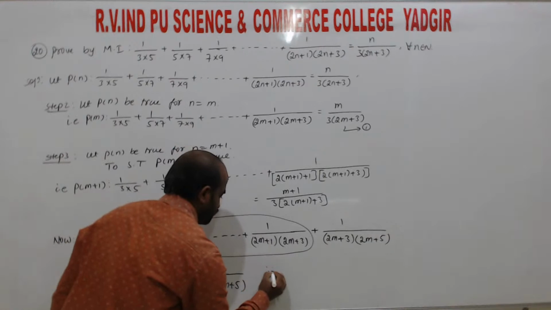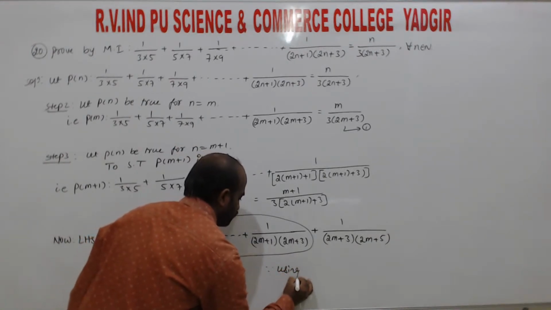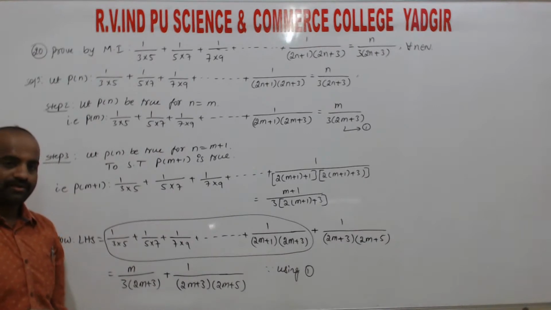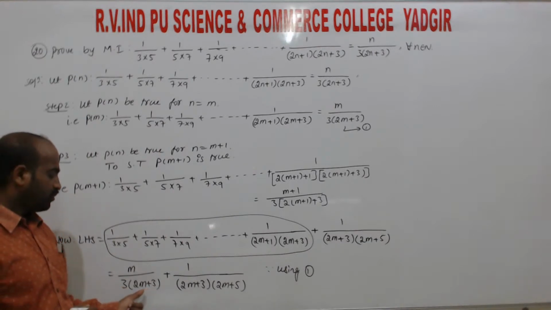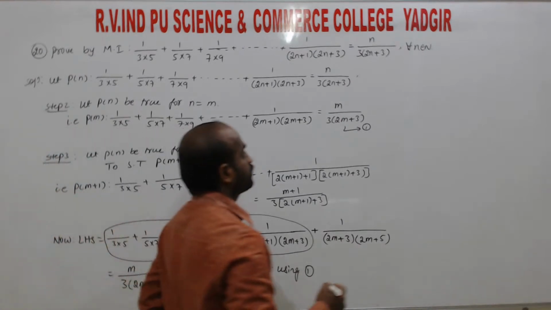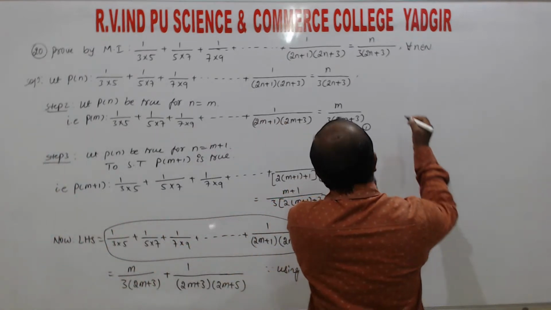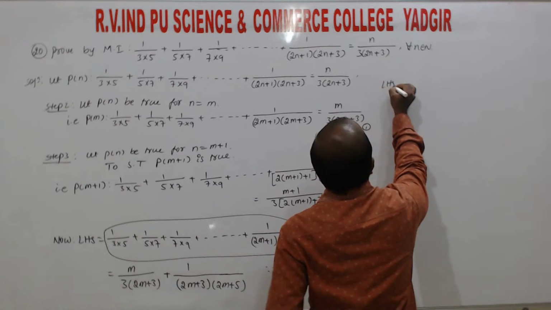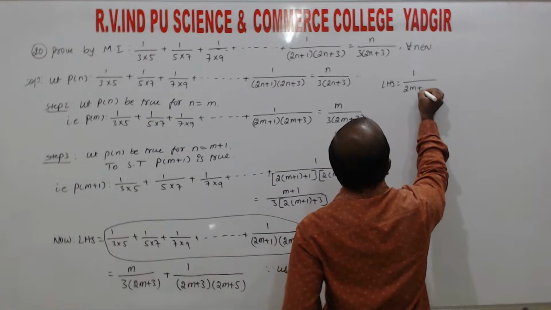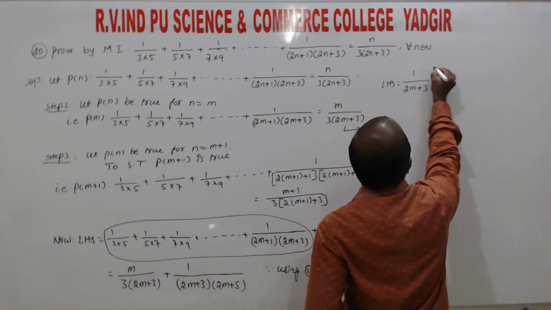Okay, using equation 1, now 1 by 2m plus 3 is common. LHS is equal to 1 by 2m plus 3 common.